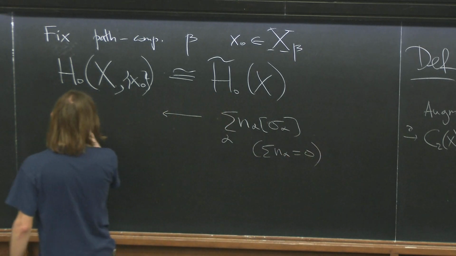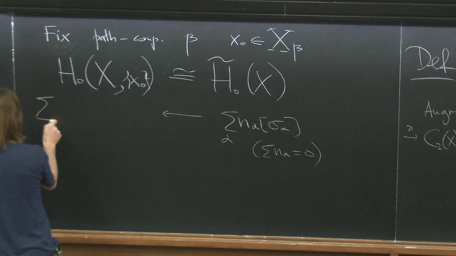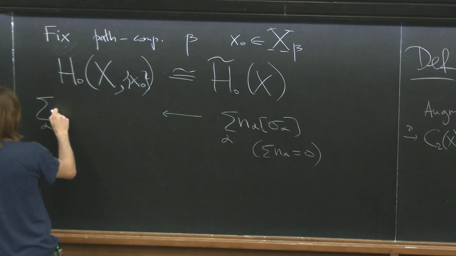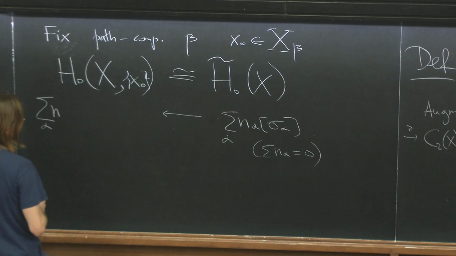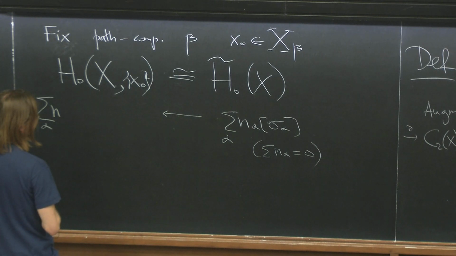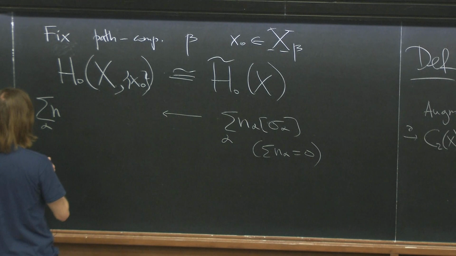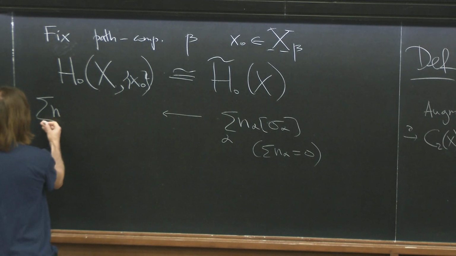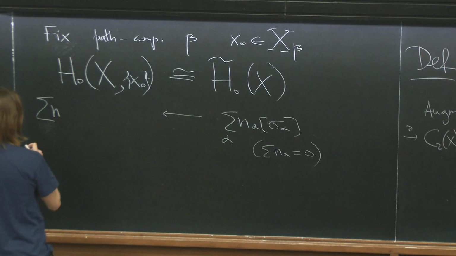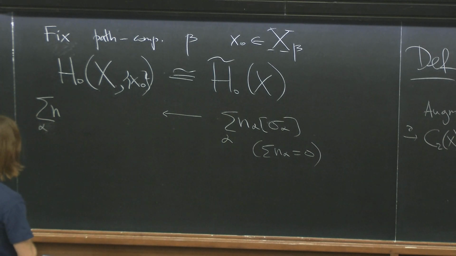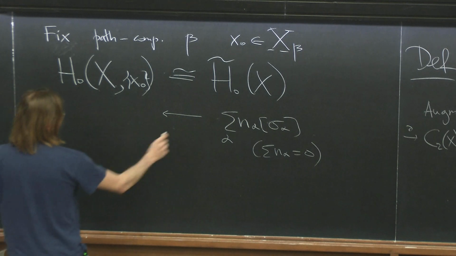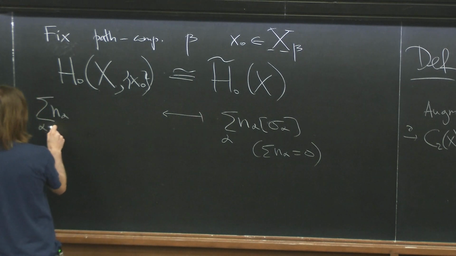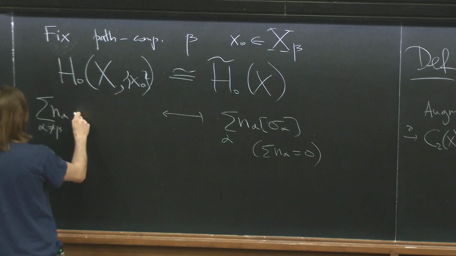You can map it to an element here, where you just take the sum over all components excluding beta.